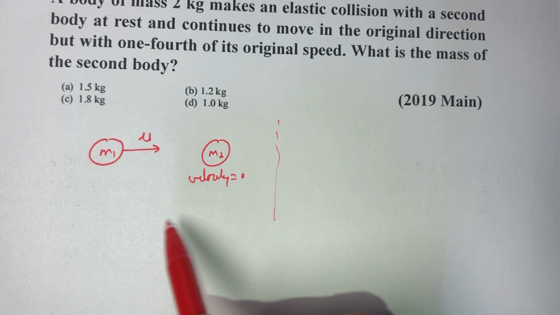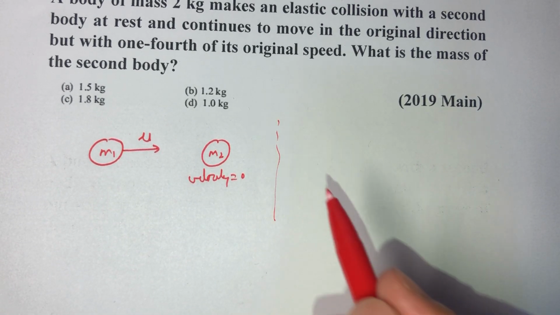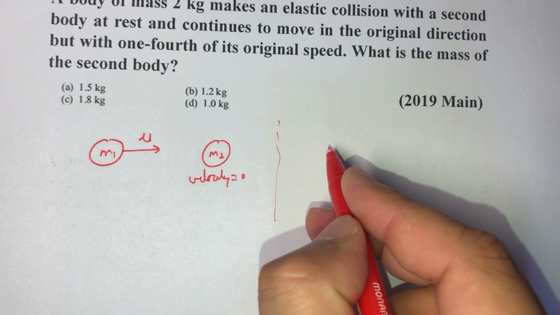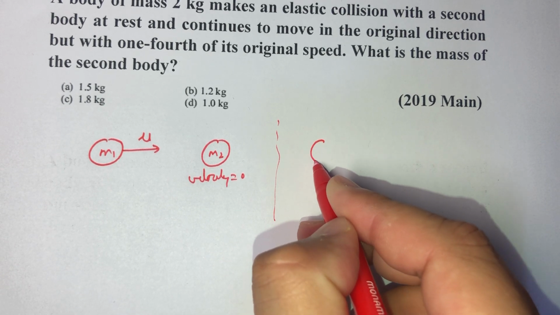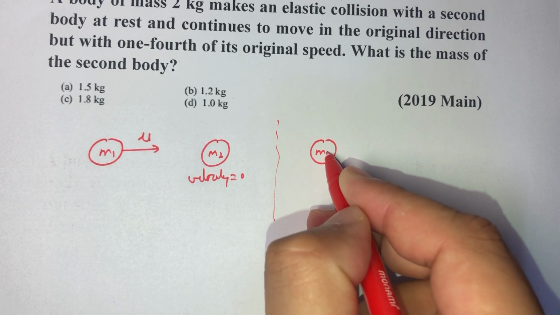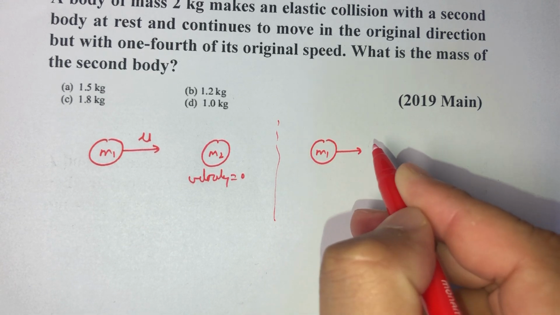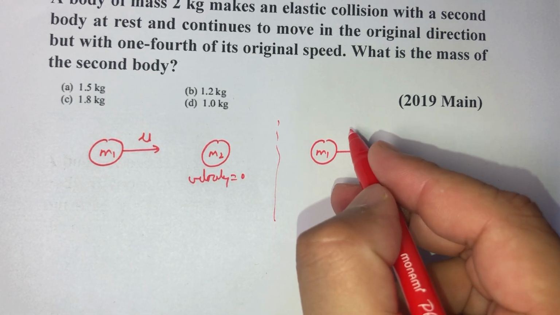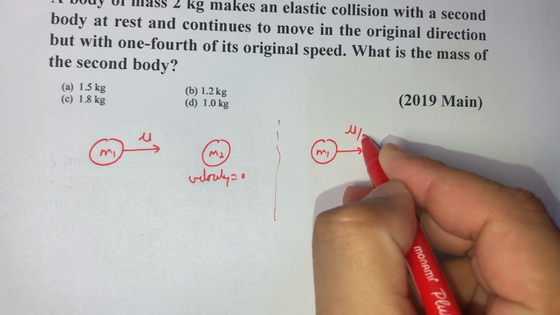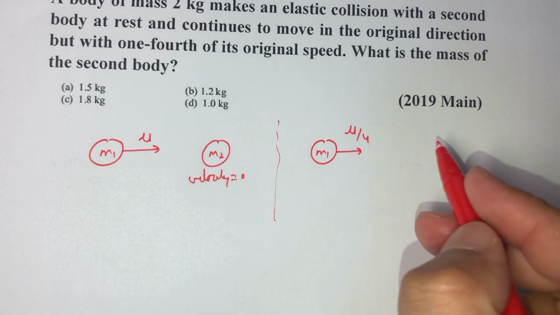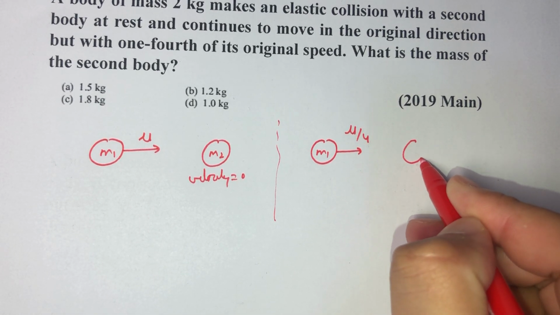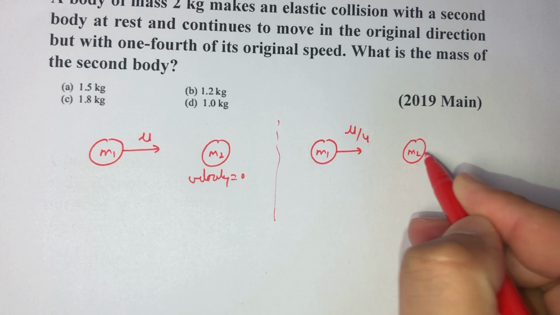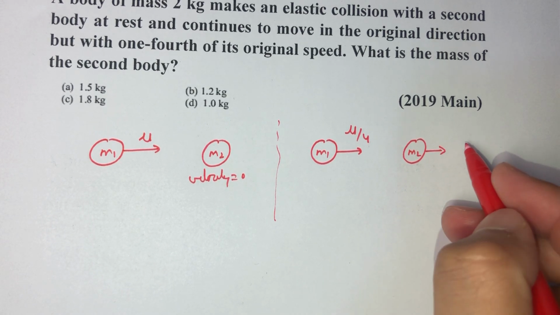And this is the situation before collision, and after collision it says that the first body, that is m1, is now moving with a velocity which is 1/4 of its original velocity. Now it is moving with u by 4, and we assume that the second body, that is m2, is now moving with a velocity of v.